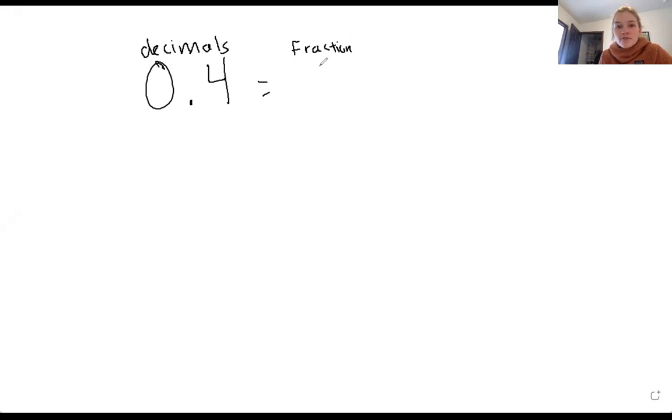So 4/10, here's how you would write it as a fraction. 4 is your numerator and 10 is your denominator. As you remember, this is the place value of our 4. That's 4/10. You just put 4 over 10.